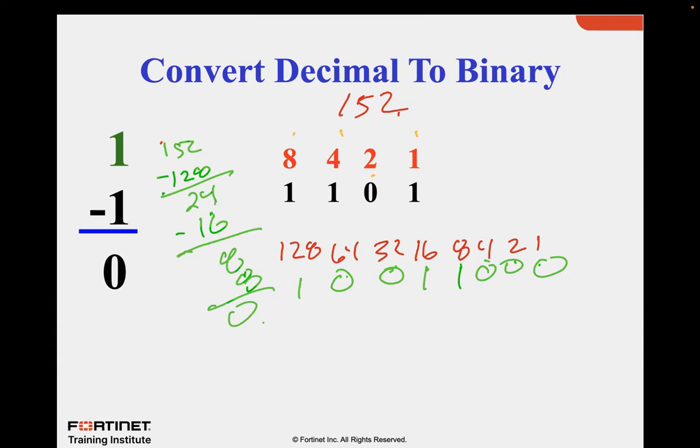Not the exact value. I don't care if you can tell me what this number is in decimal, but I do want you to know, A, it can be represented in decimal, and B, it's logical how we get to the decimal number. All right, if you can do that, then we're good up to this point.